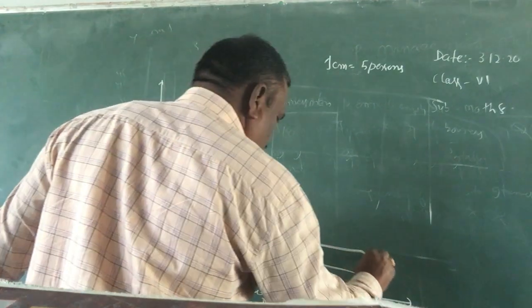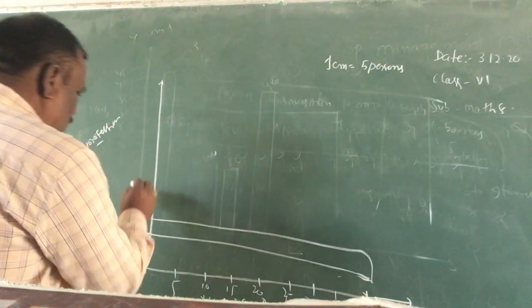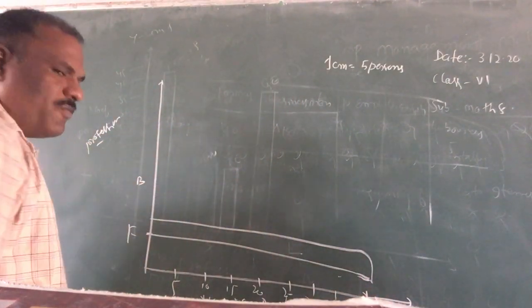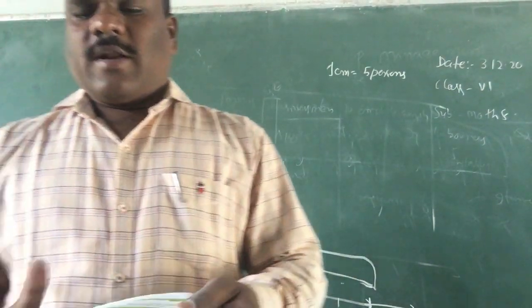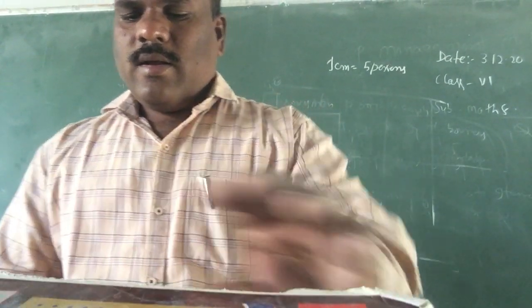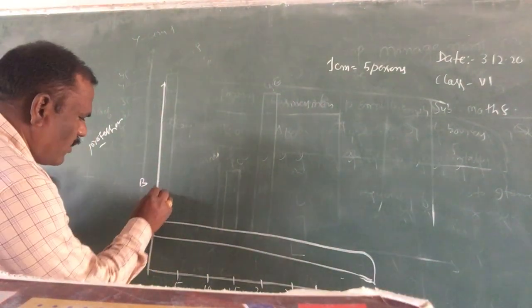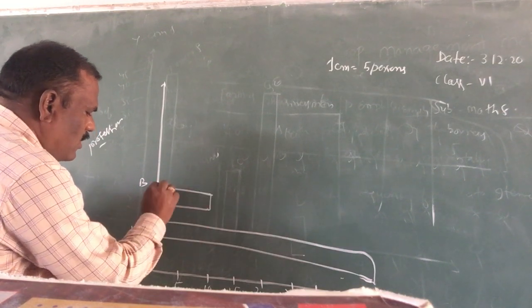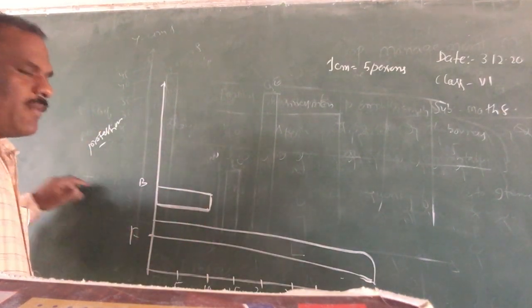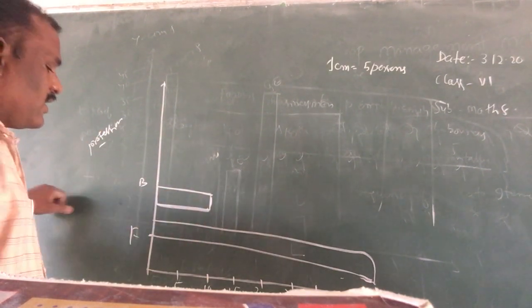And next, businessmen. How many businessmen are there? There are 10 businessmen. This is called a horizontal bar graph. Third one, private employees, 15 are there.